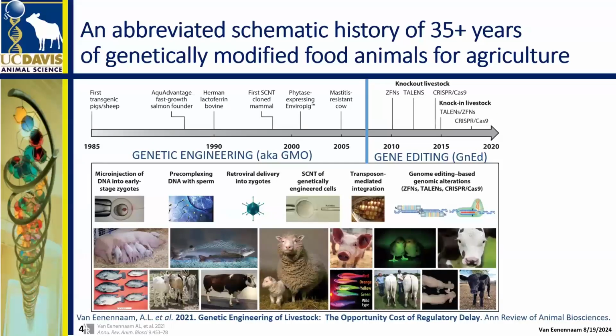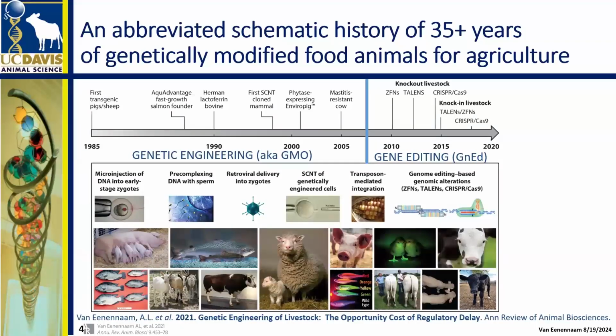We had the beginning of genetic engineering, and then you may recognize here, for example, the AquAdvantage salmon, which was the first approved genetically engineered food animal to come to market, and that was first produced back in the late 1990s. And then of course here's Dolly the sheep, who's an important part of all of this, because cloning is a really important reproductive technology to use in the production of genetically engineered animals.